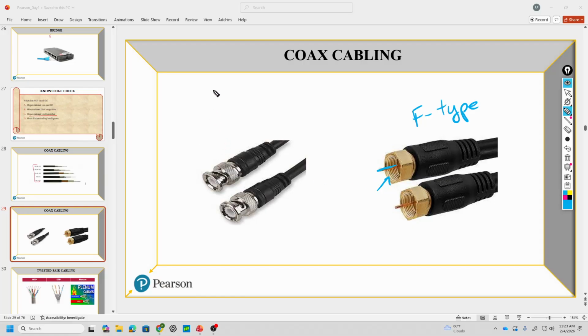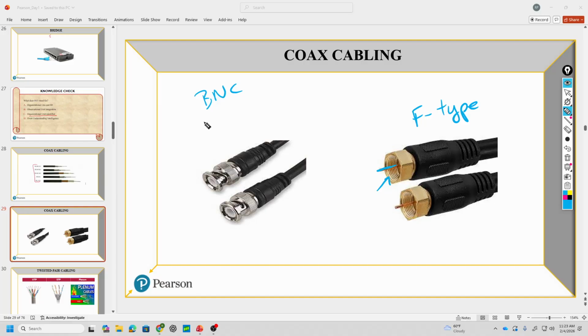This one on the left is called a BNC connector. Stands for Bayonet Neill-Concelman. Mr. Neill and Mr. Concelman are who created it. It's called a bayonet style because you push, twist, and pull.